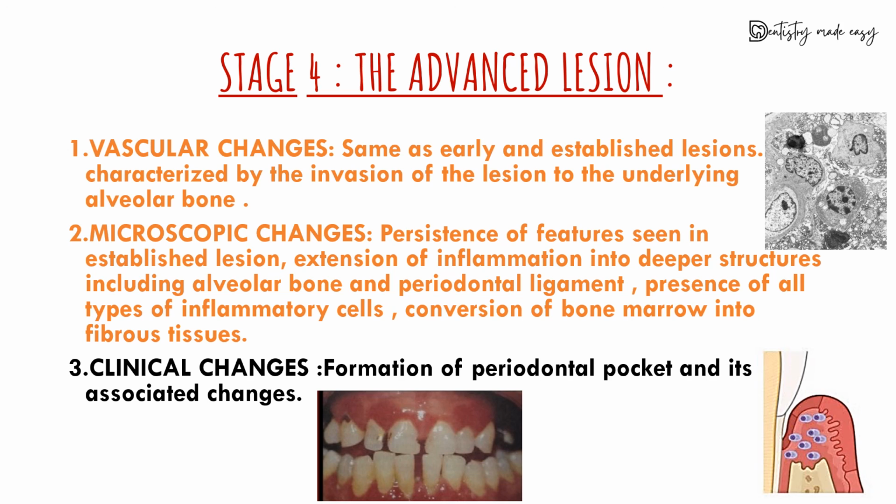There are all types of inflammatory cells, and as the bone is involved, there is conversion of the bone marrow into fibrous tissue. Clinically, you will see formation of the periodontal pocket and its associated changes. So stage 4 is clinically manifested as periodontitis. Until stage 3 it is known as gingivitis.